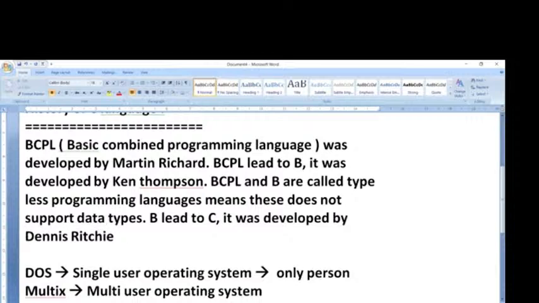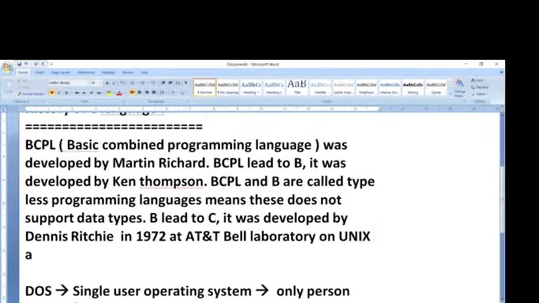It was developed by Dennis Ritchie in the year 1972 at AT&T Bell Laboratory, on a computer with the Unix operating system, or Unix machine.